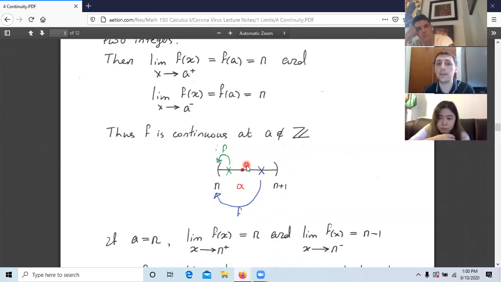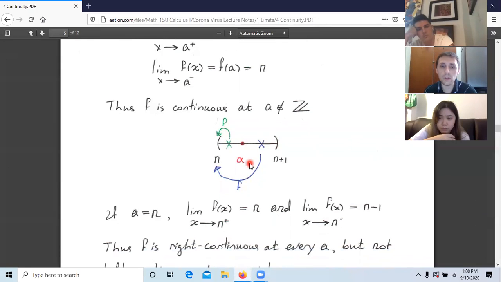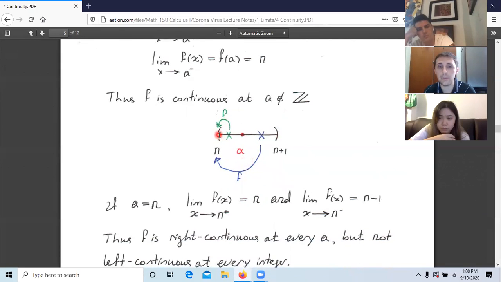What happens if I pick an integer? Let's say this is my integer, right? What happens if I move to it from the right? From the right, I get that same integer. Do you agree? The function at an integer is that same integer, and if I pick something above it, it's that same integer. So that's continuous from the right. Do you agree?